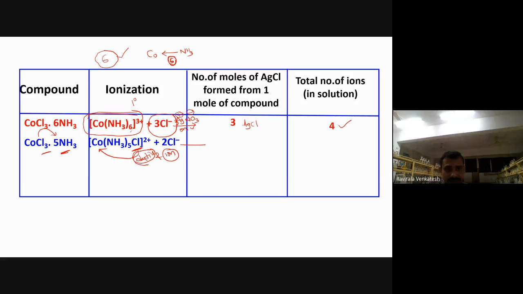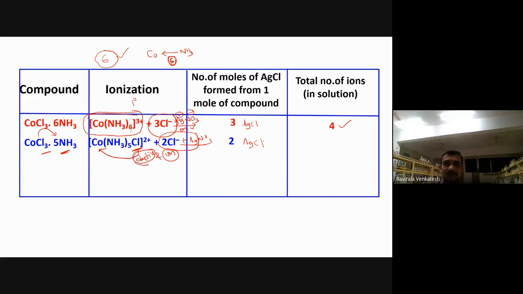Once this chlorine comes inside, it is never dissociated, because I told you in the last class, coordination compounds when you dissolve in water never dissociate into simplest ions. Once you place chlorine inside the sphere, it acts as part of the coordination sphere. It never undergoes dissociation, so it will remain in the coordination complex. Now these two Cl minus will react with AgNO3, and it will form 2 moles of AgCl.